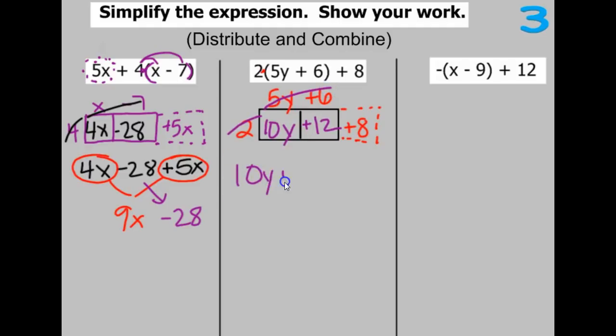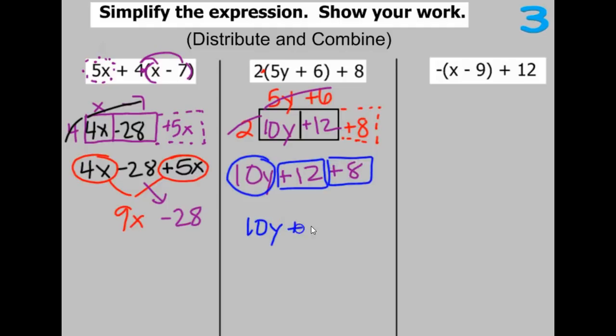We have 10y plus 12 plus 8. We only have one term with a letter, 10y, so it's just 10y. And then we can combine 12 plus 8, which is 20.